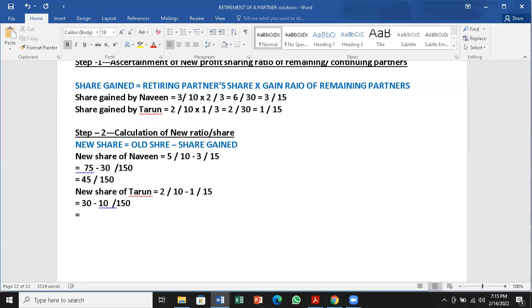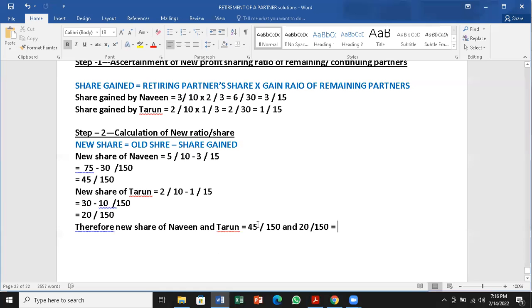Simplify further: 30 minus 10 is 20, 20 divided by 150. New share of Naveen and Tarun is equal to 45 by 150 and 20 by 150. So can we go for 5 as the reduction one? Because we can't go by 10.